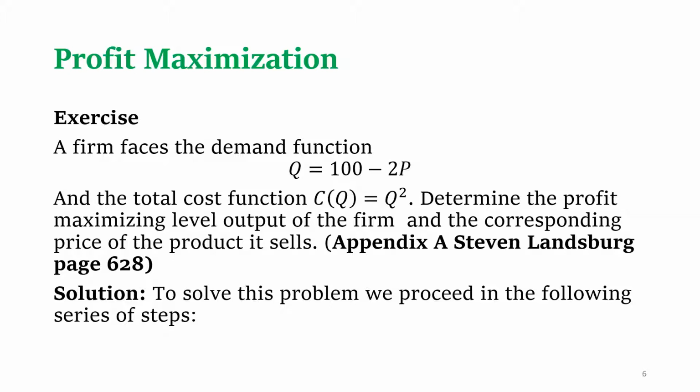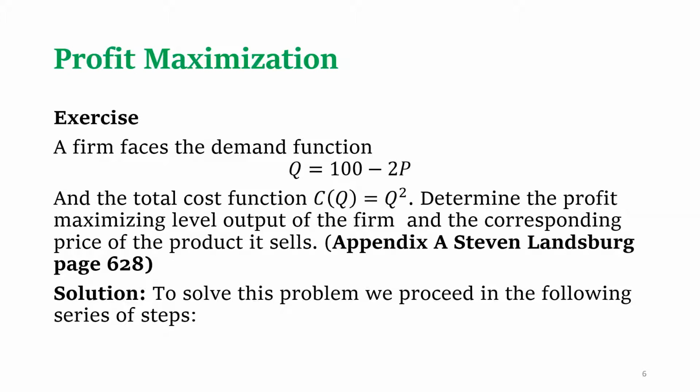All you need to do now is to multiply that price by the quantity. You understand? So the only problem you have is if the quantity is expressed as a function of the price. That means you need to convert this demand function to an inverse demand function. Once you have that, then you can multiply it by the quantity to get the revenue.